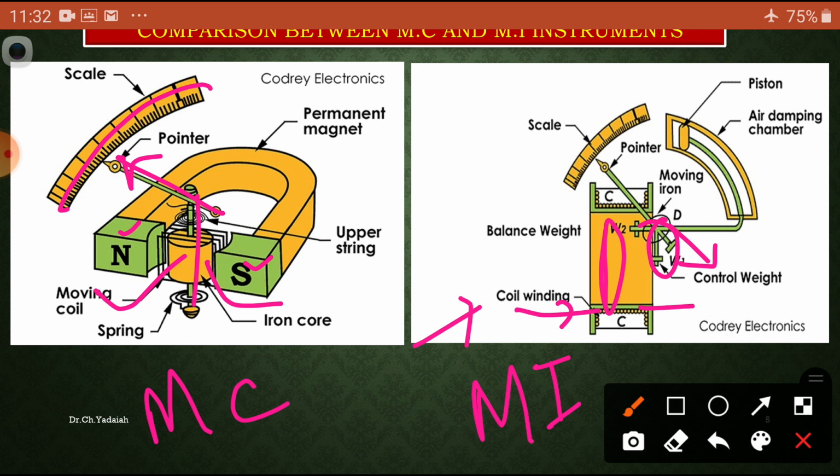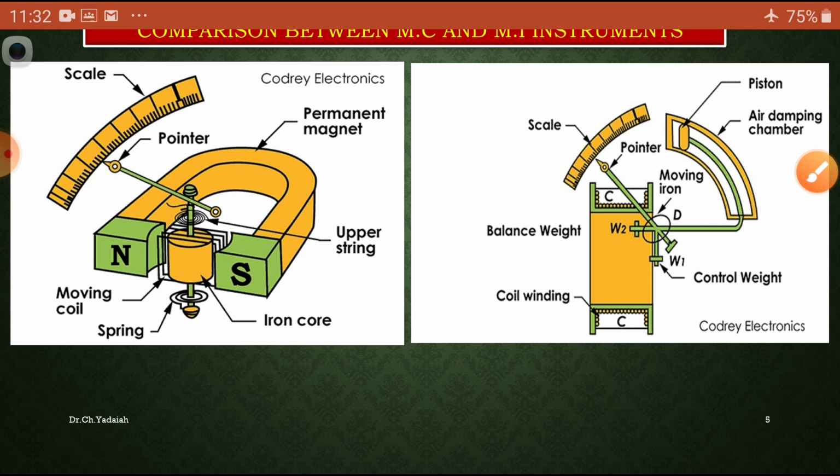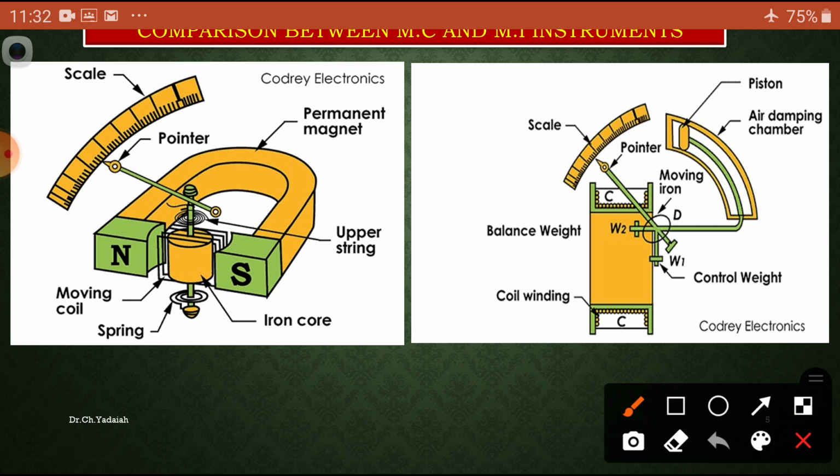Now we will compare the moving coil instrument and the moving iron instrument in a few important aspects. Okay, let us see. What is the first one? In the moving coil instrument, how are we going to produce the deflecting torque?